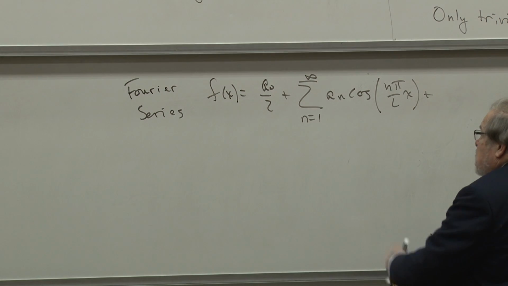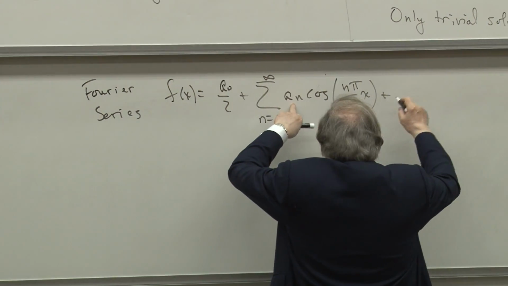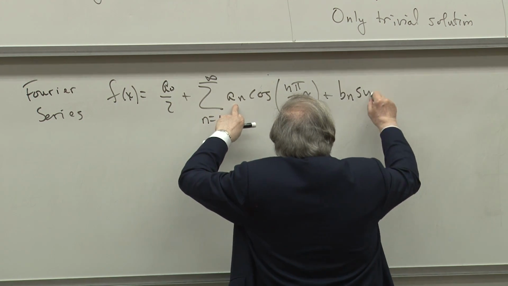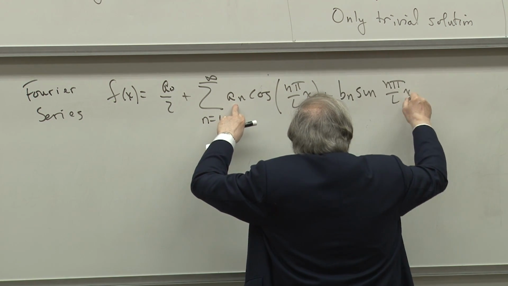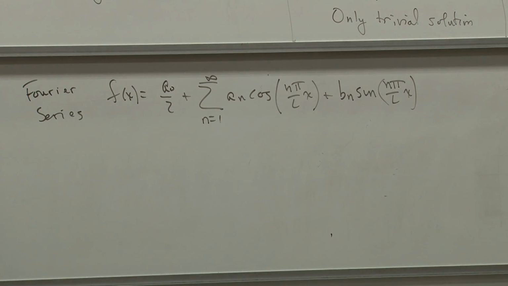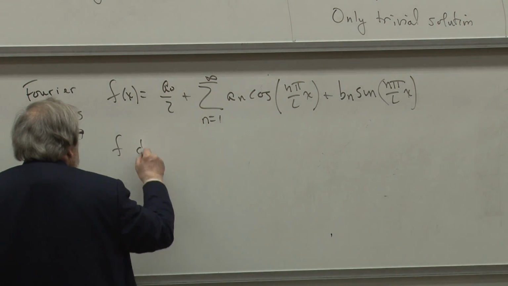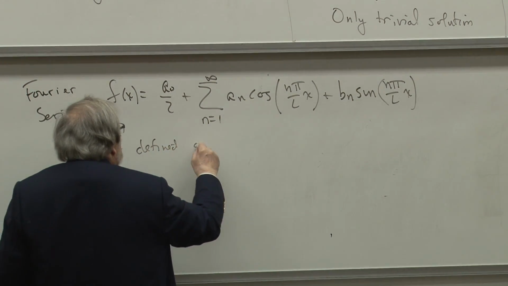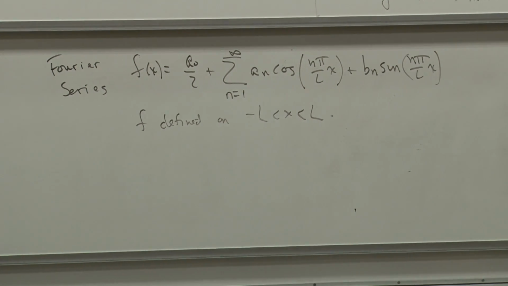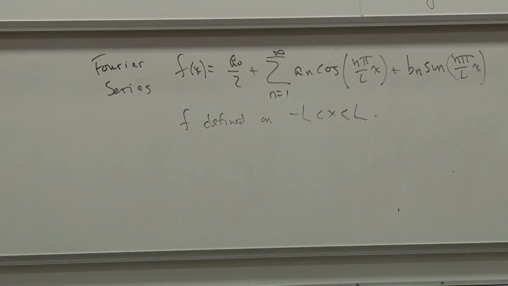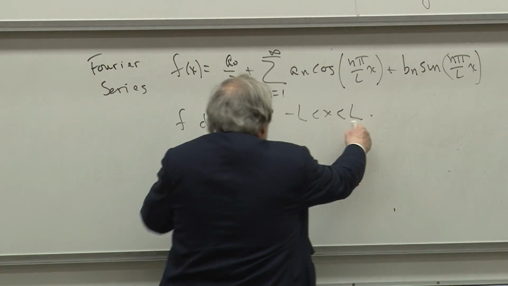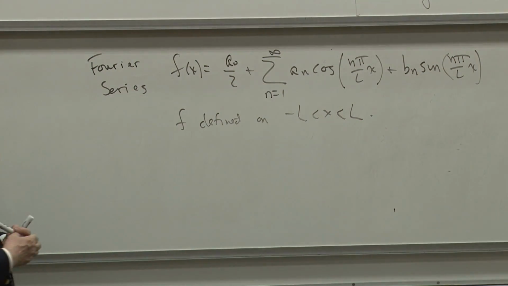So a0 over 2, sum from n equals 1 to infinity, a sub n cosine n pi x over L, b sub n sine n pi x over L. And this requires f be defined on a symmetric interval, typically from negative L to L.